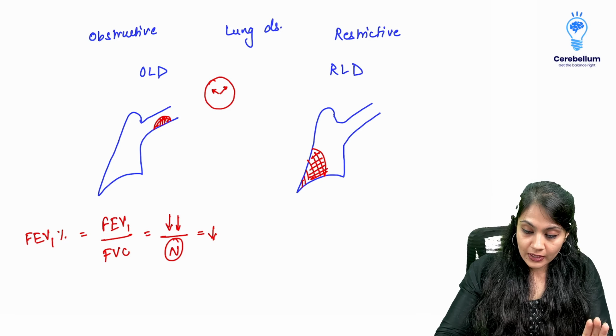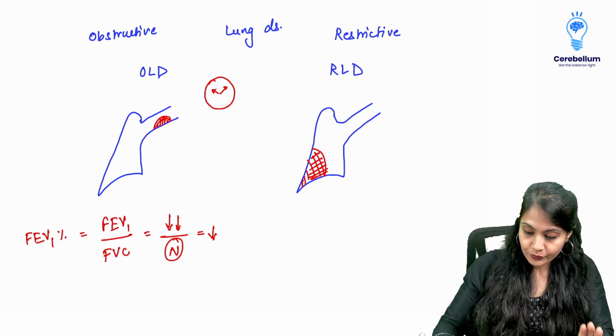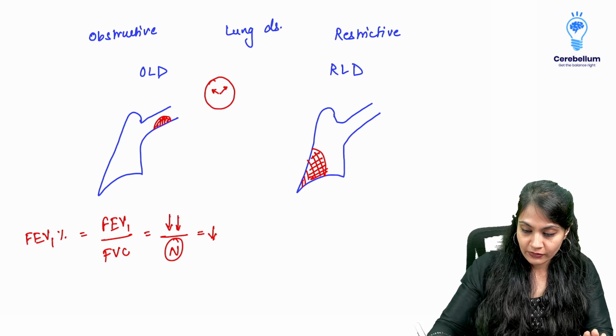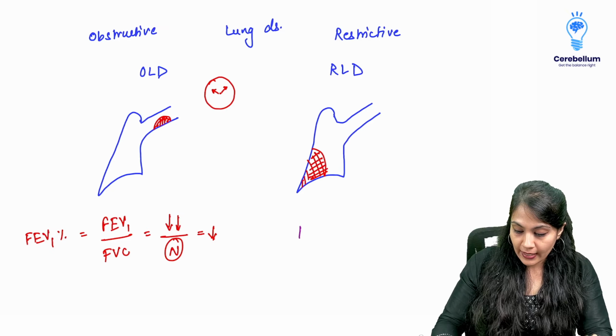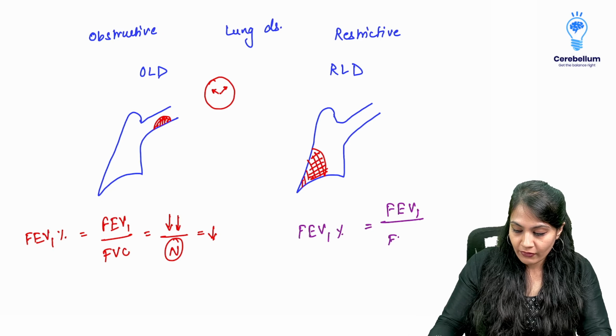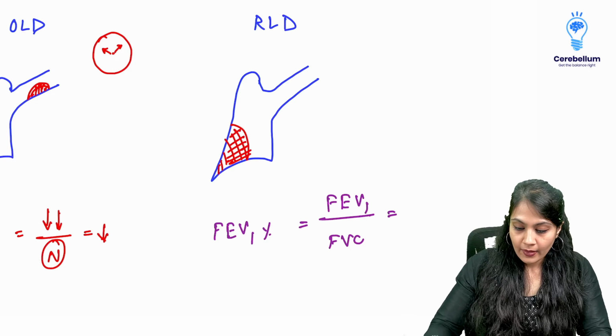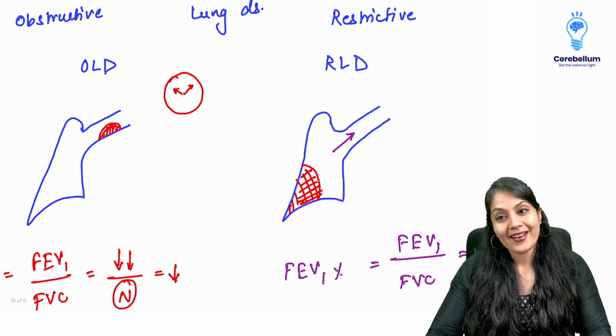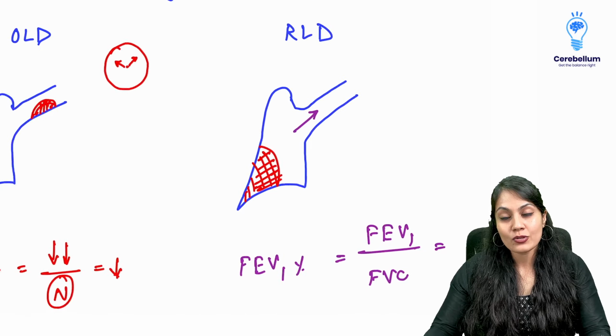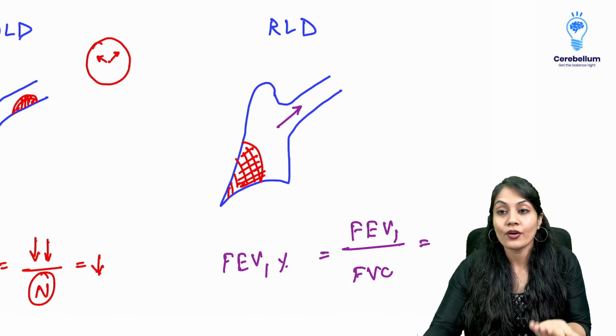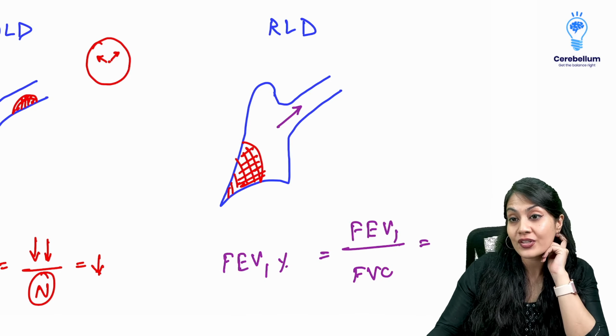In case of restrictive lung disease, what happens? Let's see. If I talk in terms of restrictive lung disease, again I'm going to take the FEV1 percentage. If I calculate the FEV1 upon FVC ratio, what will happen over here? There is no problem in the airway, right? So if I ask the person to expire forcefully, what will happen during the first second?